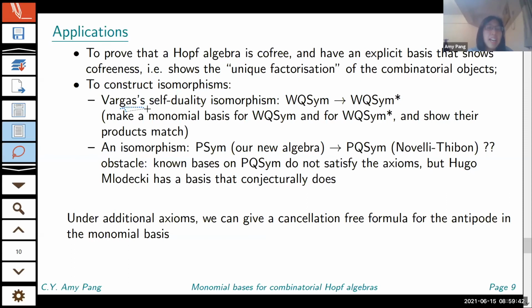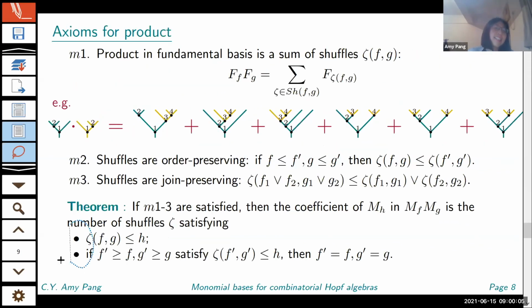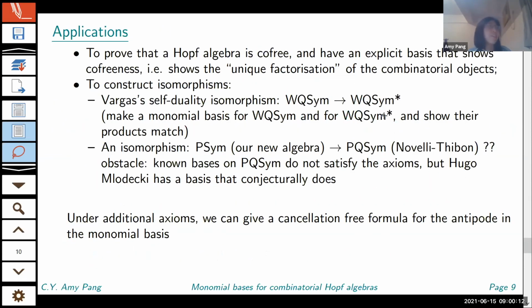Yannick made a self-duality isomorphism on WQSym. What he does is make a monomial basis, make one for the dual, check that the unique factorization in the two monomial bases is the same, and then look at this formula and show that it is also the same for the two Hopf algebras, and so you have an isomorphism.